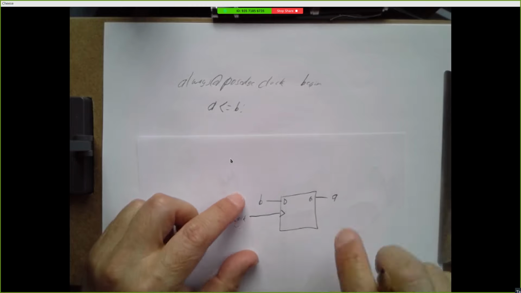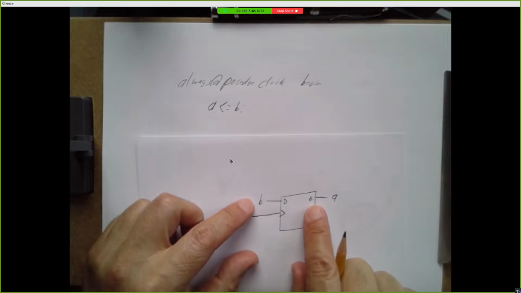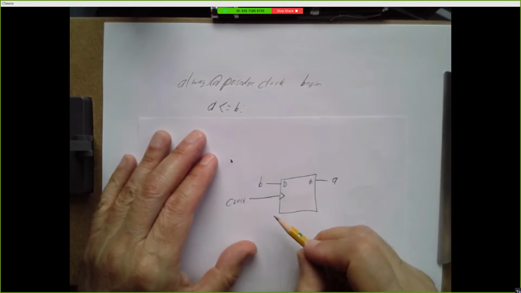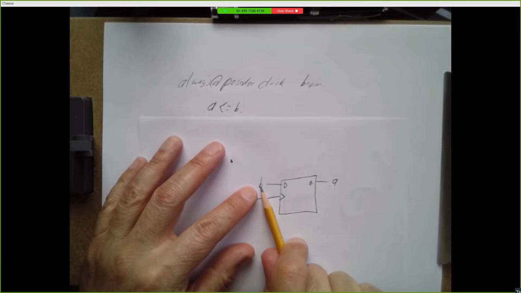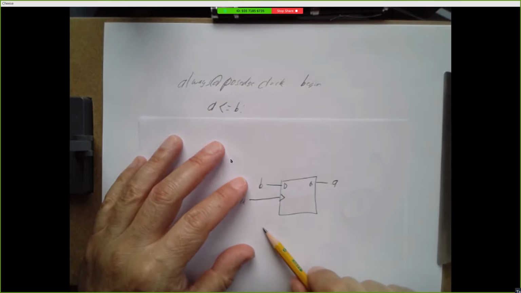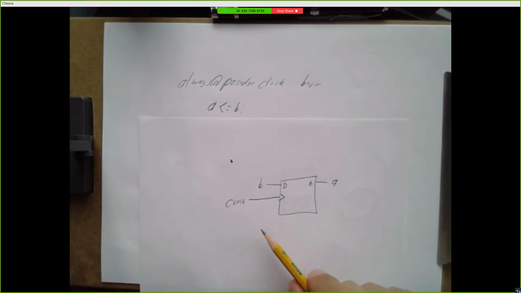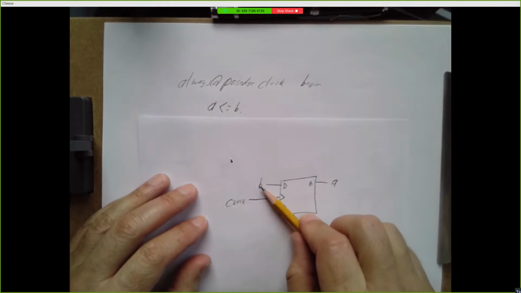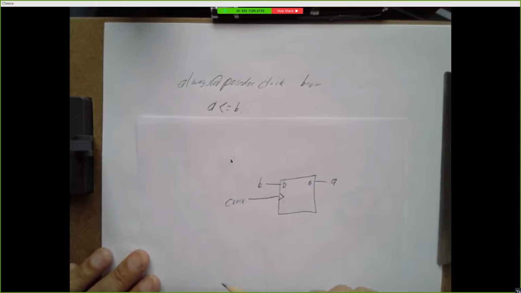A flip-flop where the B input is feeding D and the Q output is connected to A. When the clock ticks, whatever value B has will get loaded in, and A, which is connected to the Q output, will take on that value of B. It happens at the moment that the clock ticks. After that, if B changes, it doesn't affect A because A's value is stored inside this flip-flop.